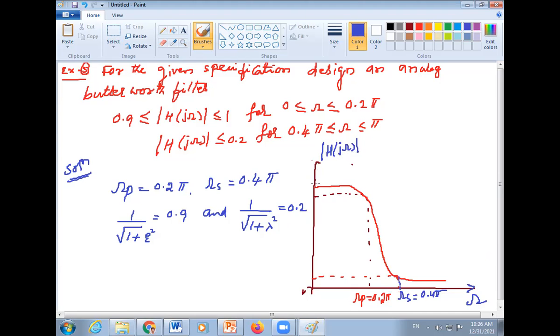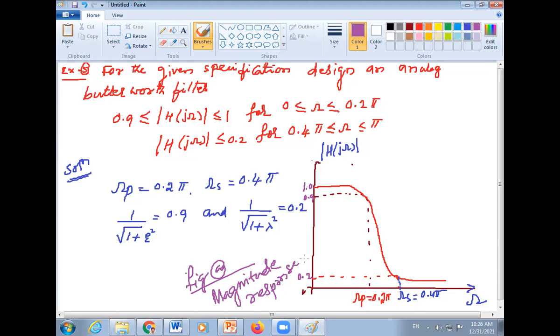The value here is 1.0, and this is 0.9, and this is 0.2. So with this specification, we can plot this magnitude response. This is what we are calling figure A, the magnitude response.